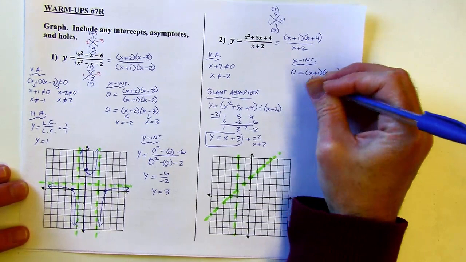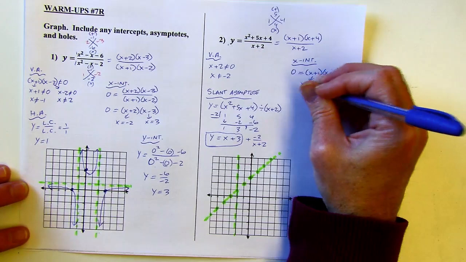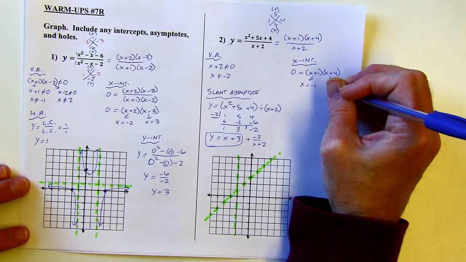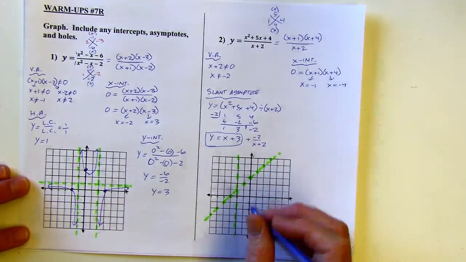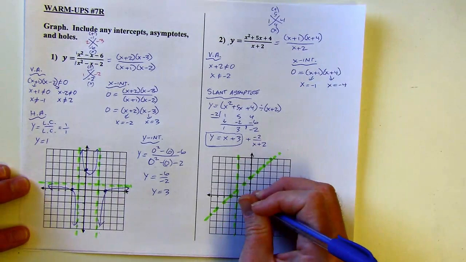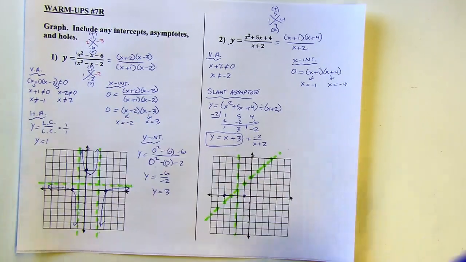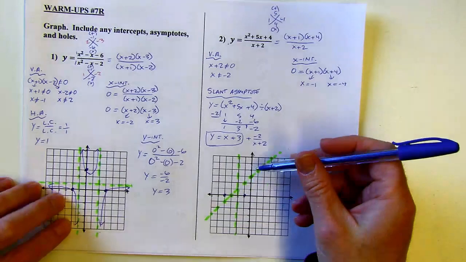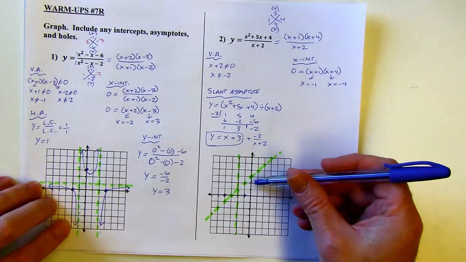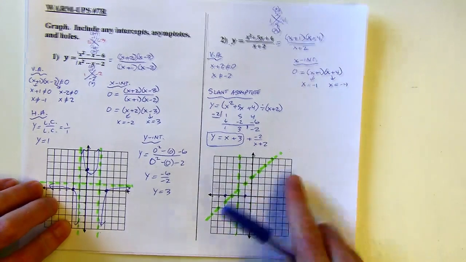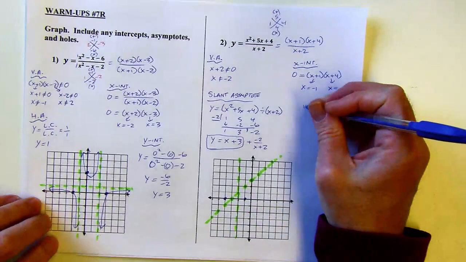Okay, then I'll solve for x, so this would lead to x equal -1. This would lead to x equaling -4. So -1 and -4. Okay, so I'm thinking now it's going to be these two sides. So let's see what happens with the y-intercept. I'm expecting to get a y-intercept below this slant asymptote, so it stays in this corner, but let's see what happens.